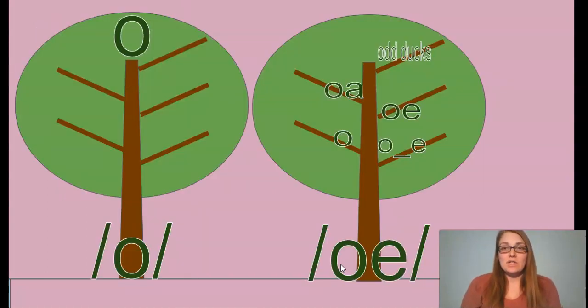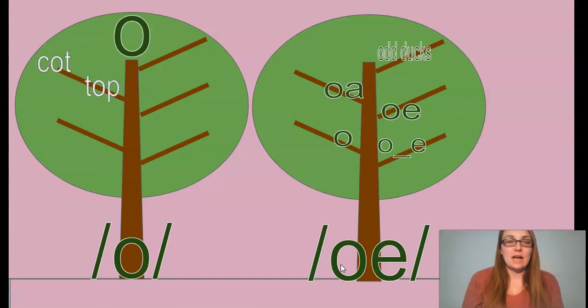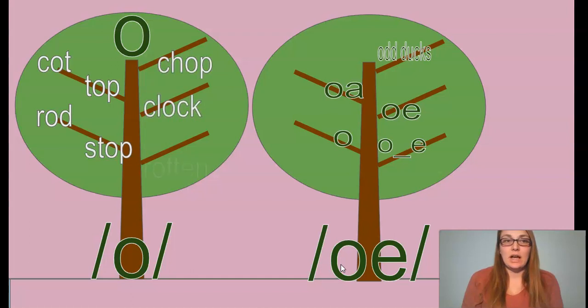Again, we have our trees to help us organize all of the letter sounds. So for the ah tree, it's always spelled with a single O. Let's read the words together. Cot, top, rod, stop, chop, clock, and rotten.